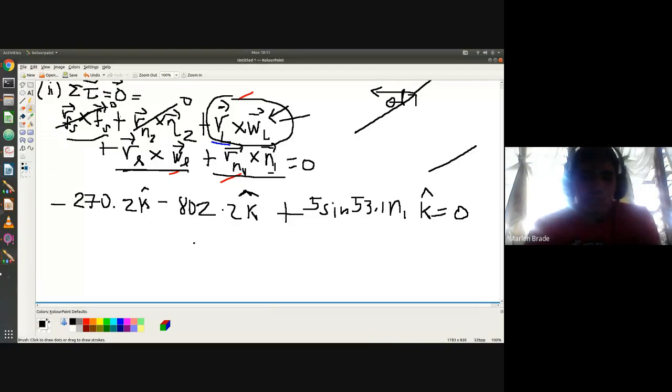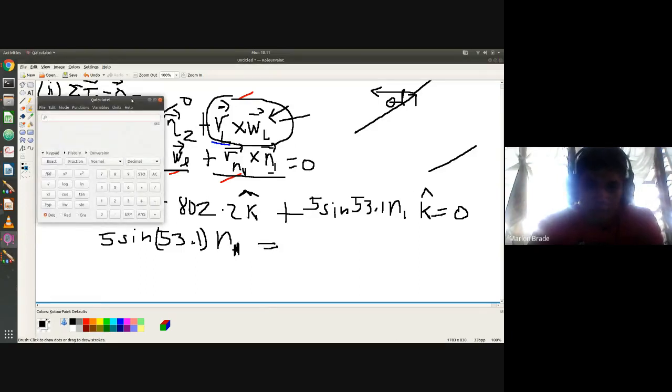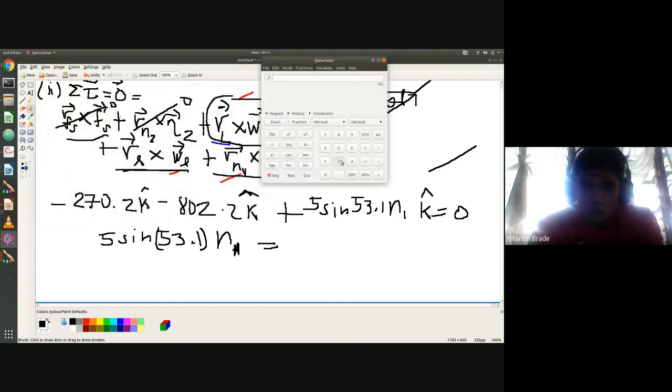So, pag transpose nako to the other side, makakuha ko og 5 sine 53.1 N1 is equal siya to, pag transpose mag-positive tanan, so makakuha ko og 270.2 plus 802.2. Okay?